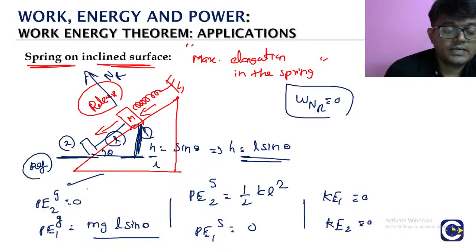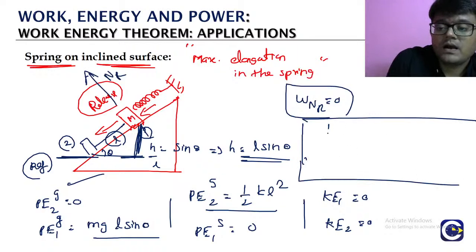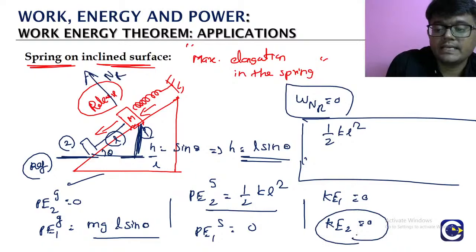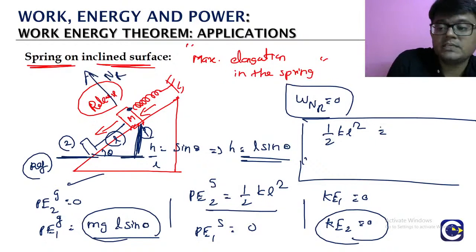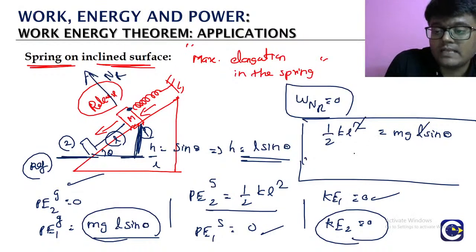At point 2, gravitational potential energy is 0, spring potential energy is half k L square, and final kinetic energy is 0. This is equal to the initial values: gravitational potential energy m g L sine theta, spring potential energy 0, kinetic energy 0. From here we can find the value of L. One L we can cancel, so L comes as 2 m g sine theta by k.